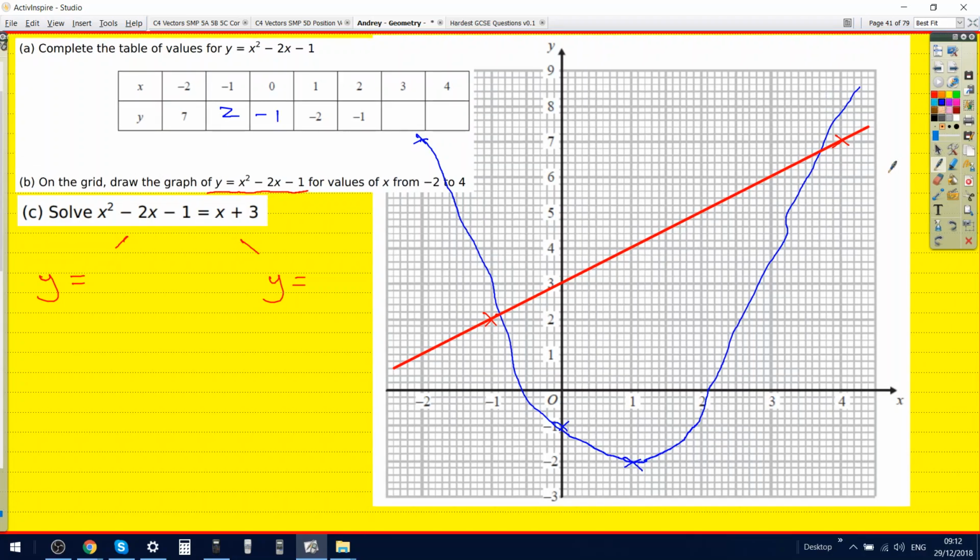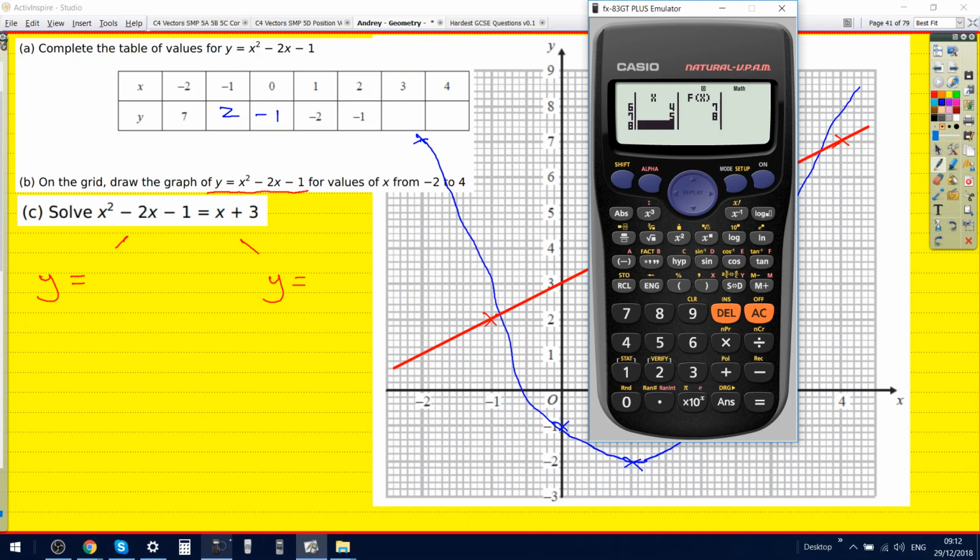Wait, how did you get that? So I just put it in my calculator. You know how doing the one up the top, you put it in your calculator and it gives you x and y coordinates, and you just plot them and join them up.